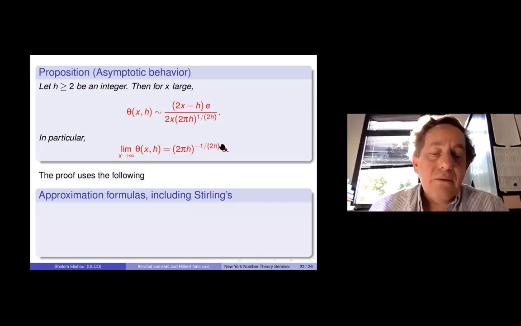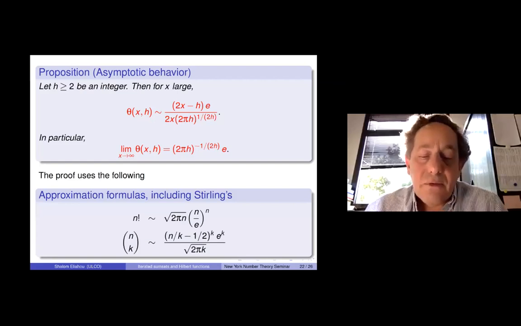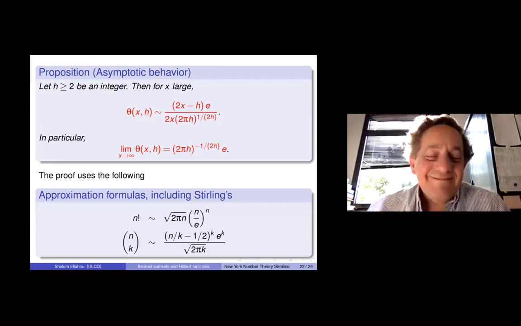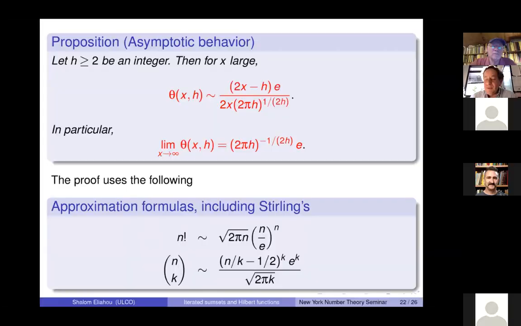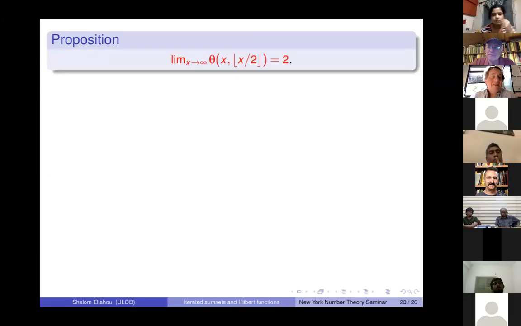And simply this uses the approximation of the factorial by Stirling, and this approximation of the binomial coefficient, which you can find in Wikipedia. Okay, so that's the behavior.